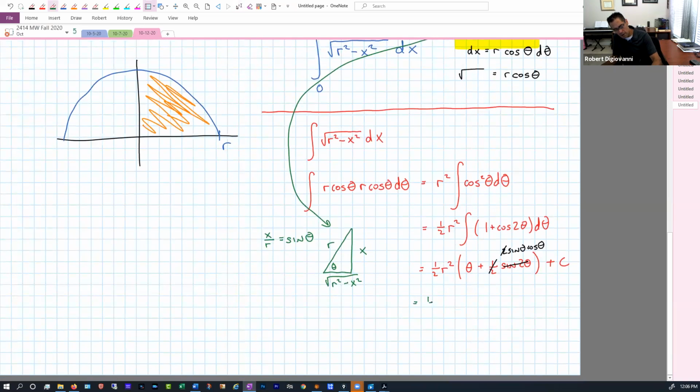This will become 1/2 r squared. Okay, so theta is actually arc sine of x over r, and then plus sine theta, which is x over r, and then cosine theta, which is the square root of r squared minus x squared over r, and then plus c.